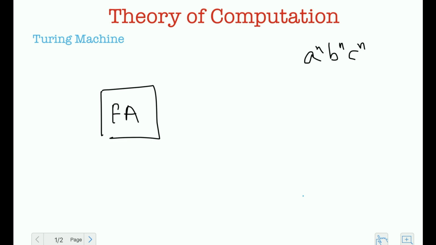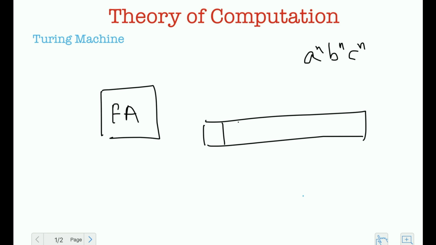Instead of a stack, what I have is a tape, which has some symbols, and we can read from this tape and write to this tape. Additionally, we can also move in any direction. Let's say my cursor is here right now. When I make a transition, I could move the cursor to the left or to the right. So that's how a Turing machine looks.